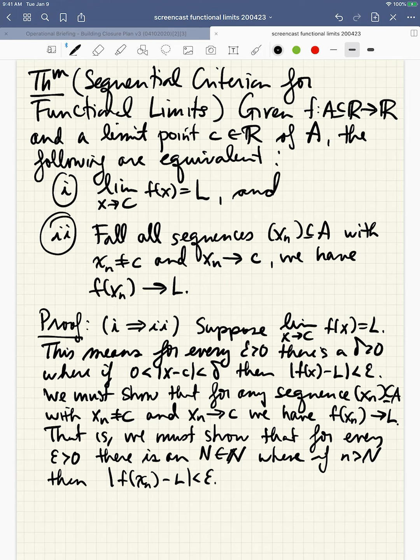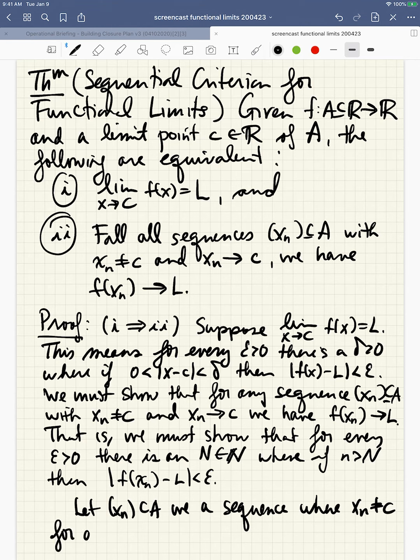Okay, so since the sequence has to be arbitrary, we're going to just start with an arbitrary sequence. So let xn in A be a sequence where none of the xn's are equal to c, but the sequence converges to c.